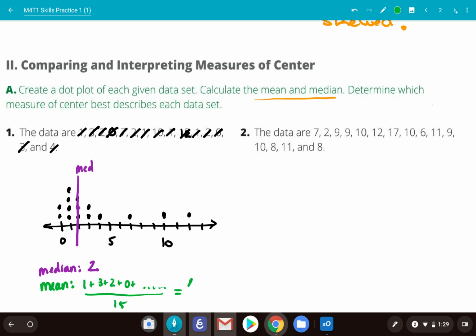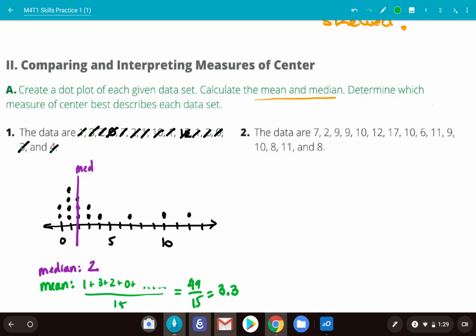I got 49. Divided by 15 is 3.26. So I'm going to round it to 3.3.